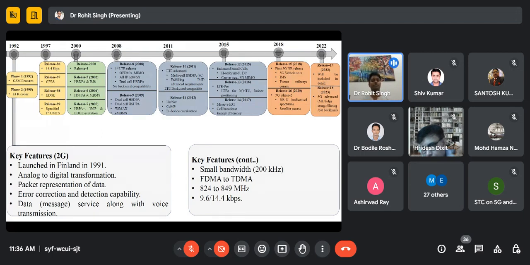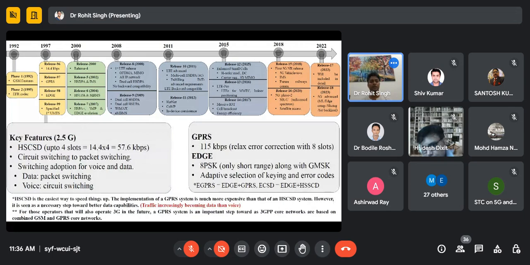Now coming to the betterment which was made in 2.5 generation. Releases 96, 97, 98, 99 made some efforts to increase this data rate. As I told earlier, efforts were made to assign more and more resources. So in 2.5G, what happened? It gave rise to high-speed circuit switched data, acronym HSCSD, which allows one user to use 4 slots.